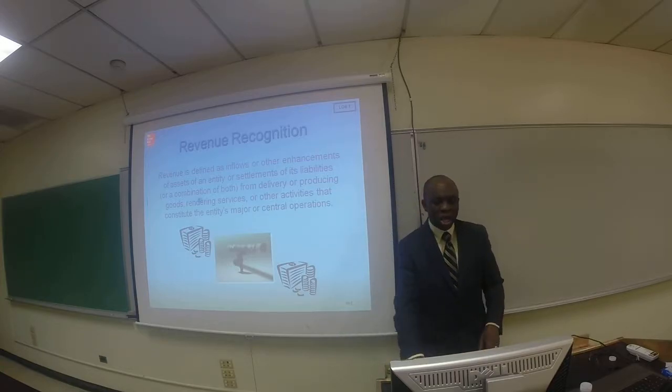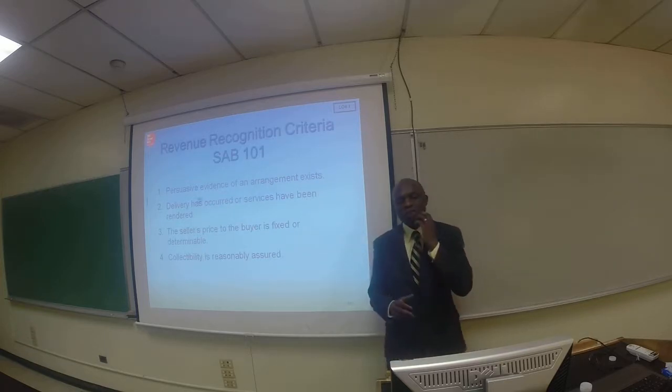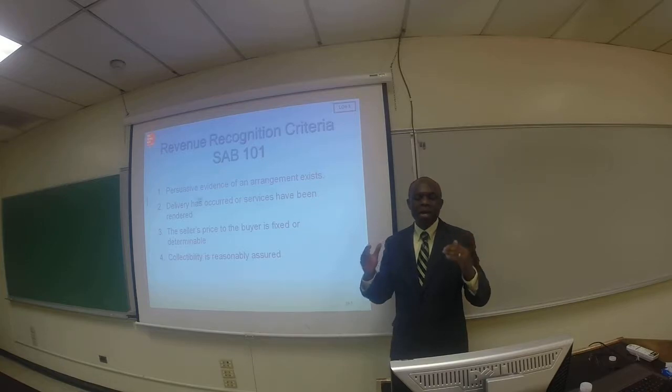Now, moving along, that as a backdrop, let's take a look at revenue recognition criteria. The Securities and Exchange Commission Staff Accounting Bulletin 101 marshals out the criteria for revenue recognition as follows. Number one, persuasive evidence of an arrangement exists. In other words, there is persuasive evidence between the seller and the buyer.